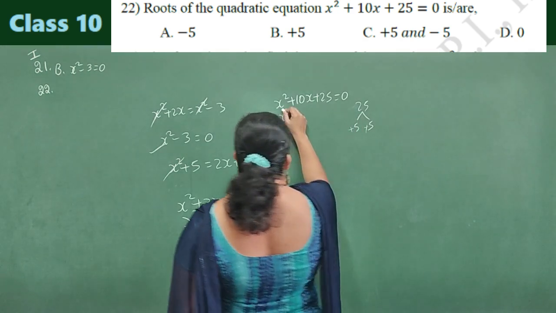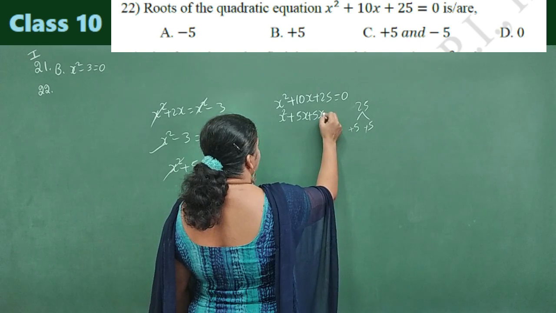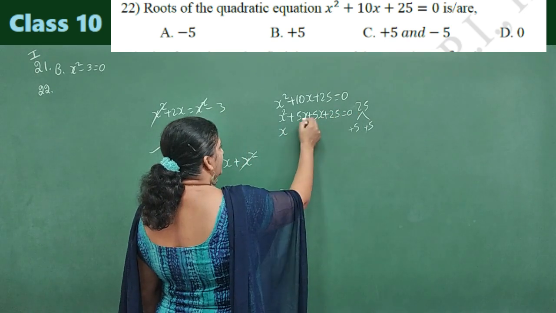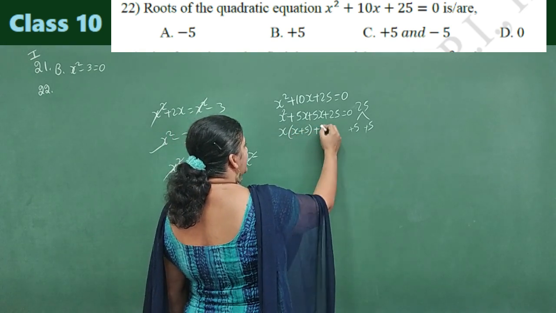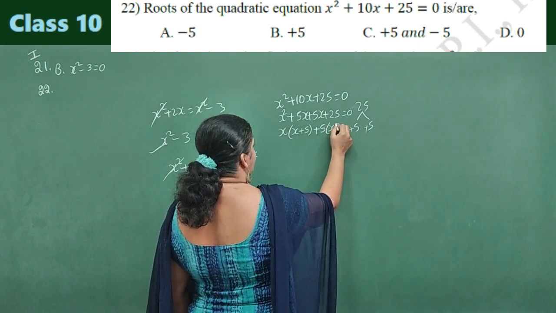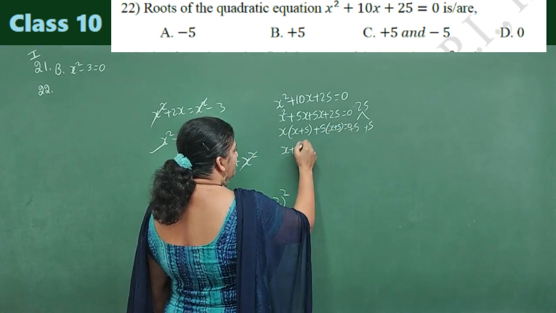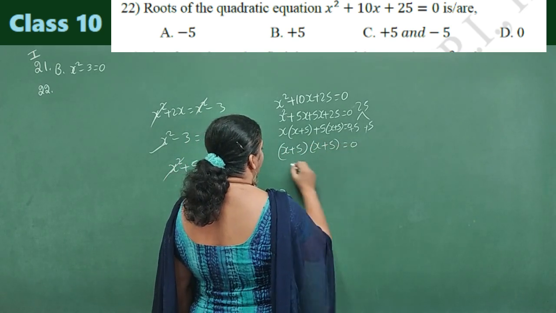X square plus 5x plus 5x plus 25 equal to 0. Among these two, x is common, x plus 5. And among these two, 5 is common, x plus 5 equal to 0. X plus 5 into x plus 5 equal to 0.